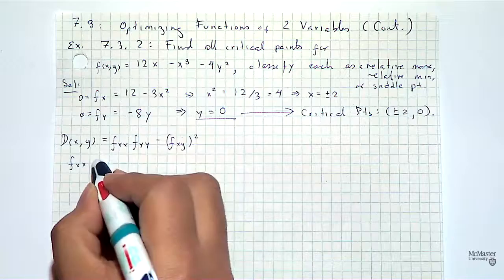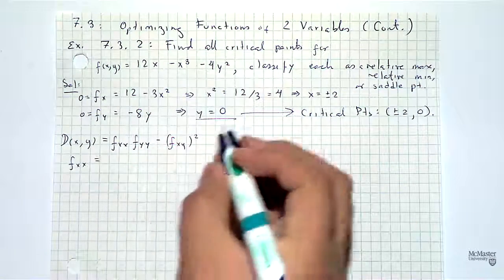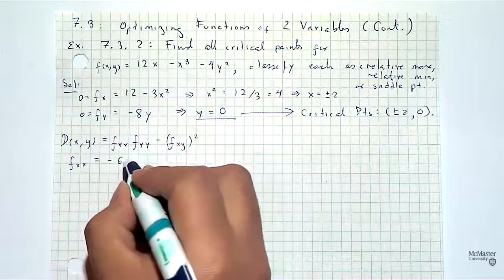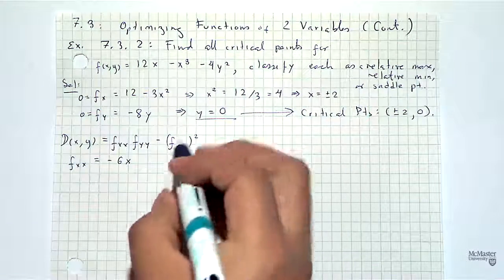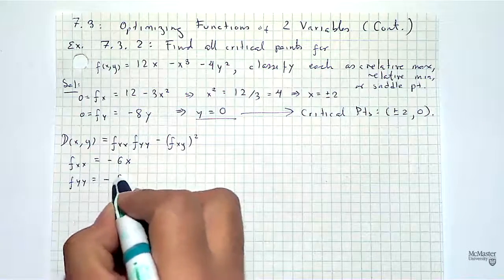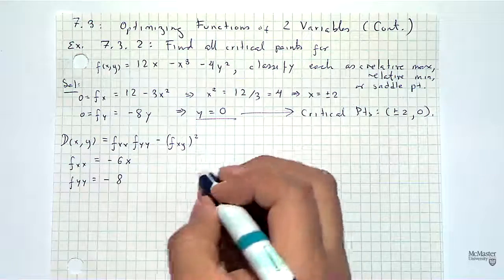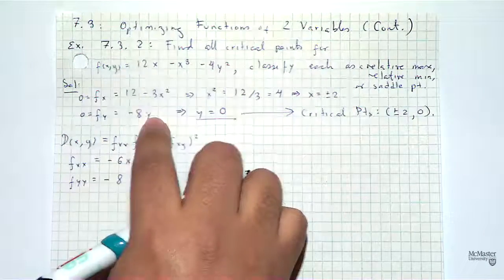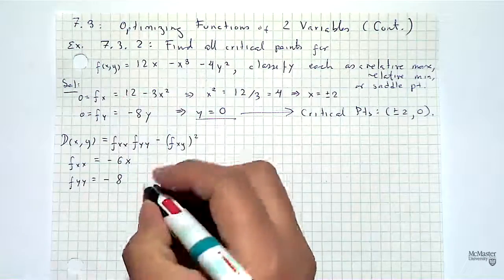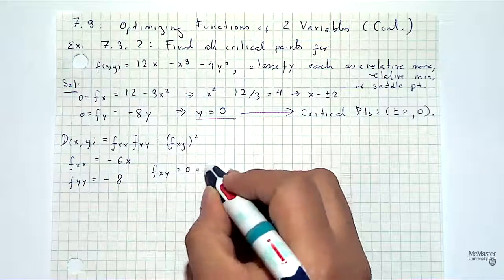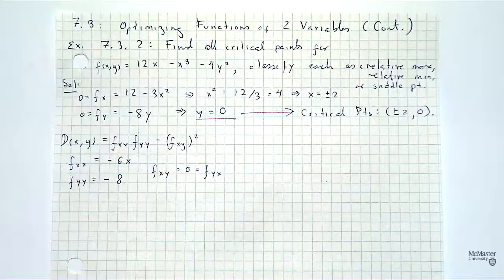So fxx: this thing would vanish, so you have minus 6x. Then you have fyy equal to minus 8. Then, as you can see, fy doesn't depend on x, likewise fx doesn't depend on y, so fxy is equal to 0, in the same way that fyx is equal to 0.